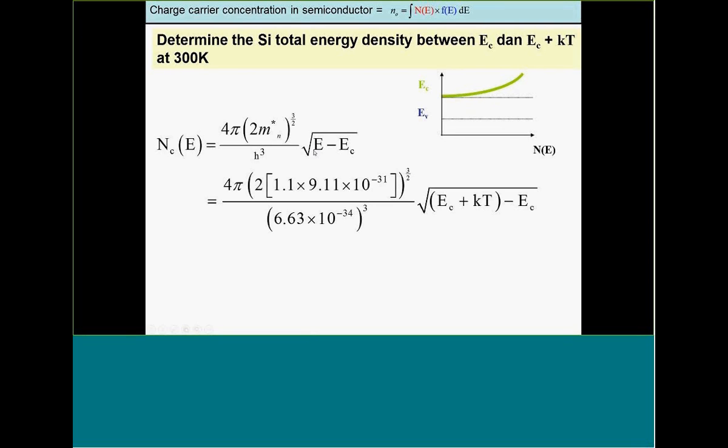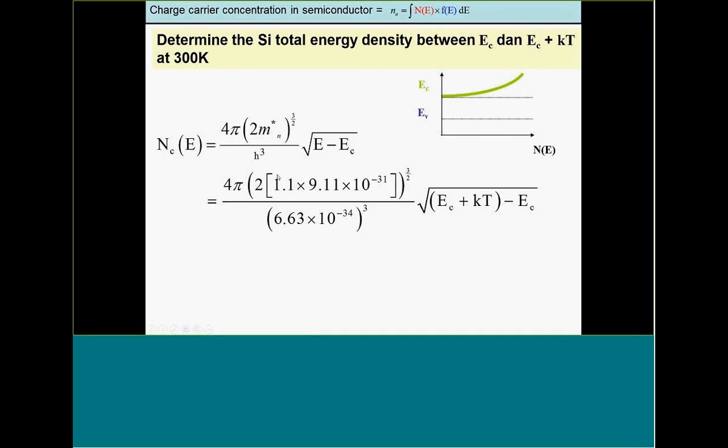So our E is EC plus KT, EC plus KT minus EC. So what's left is going to be our KT. And of course, like I told you just now, the effective mass for the electron is essentially the mass of the free electron, 9.11 times 10 to the power of negative 31, multiplied by this factor 1.1.